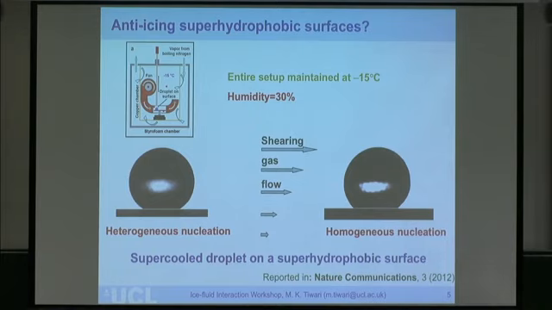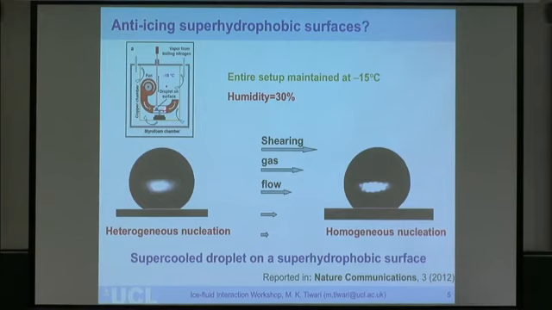This is how our so-called experimental setup looks. It's a chamber about 1 meter high, in which we have a mini icing wind tunnel, about a foot long, with a fan here, which we could use to blow air on droplets that were sitting on surfaces that we were making.